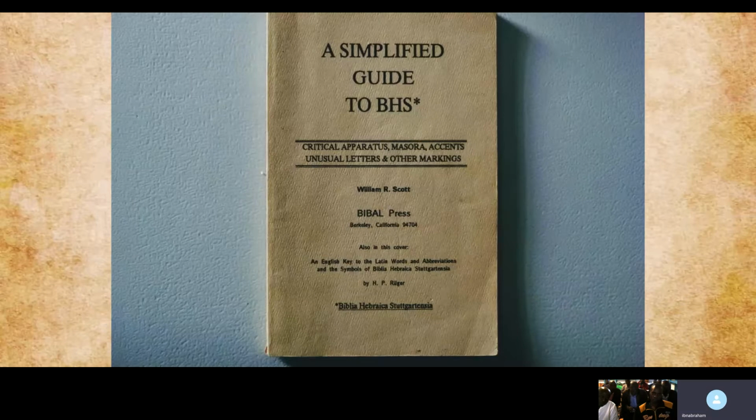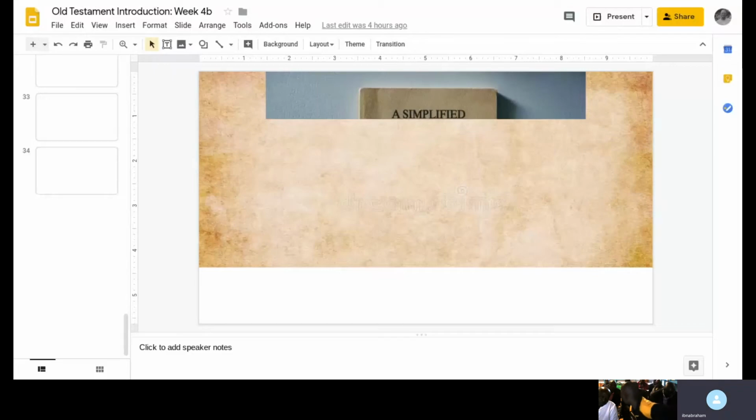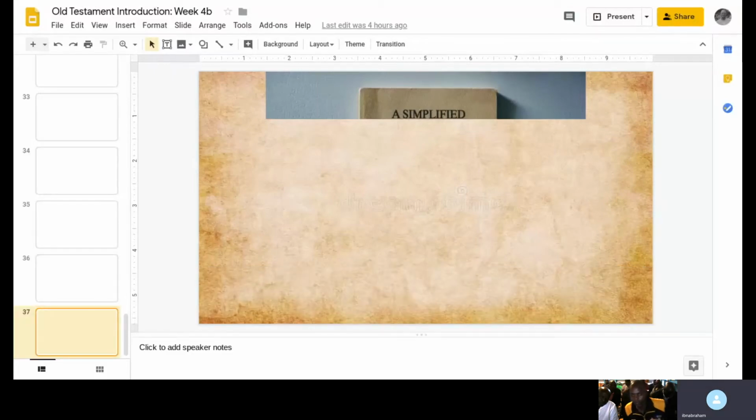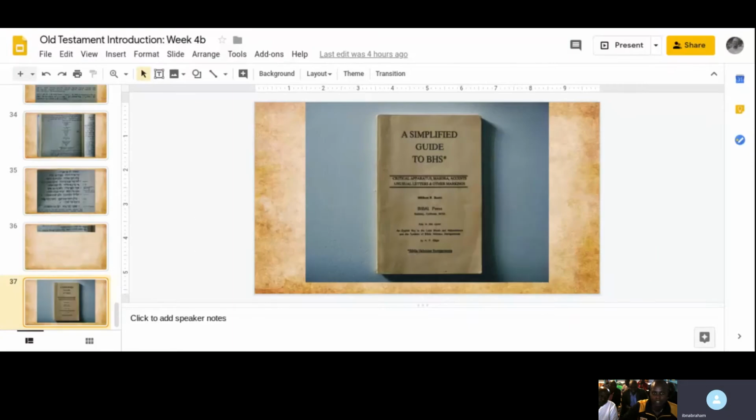Now I'm going to cut out of this and get back to sharing the correct screen here. Stop sharing and finish yours.